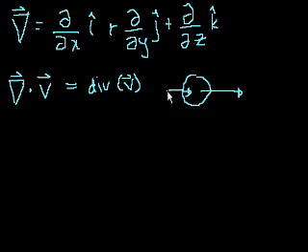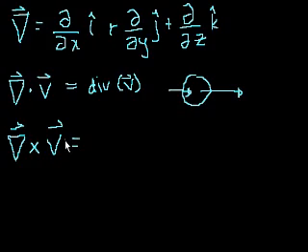So now, the intuition, because now we don't care about the rate of change along the direction of the vector. We care about the rate of change of the magnitudes of the vectors perpendicular to the direction of the vector. So the curl, you might guess, is equal to the cross product of our del operator and the vector field. And if that was where your intuition led you, you would be correct.